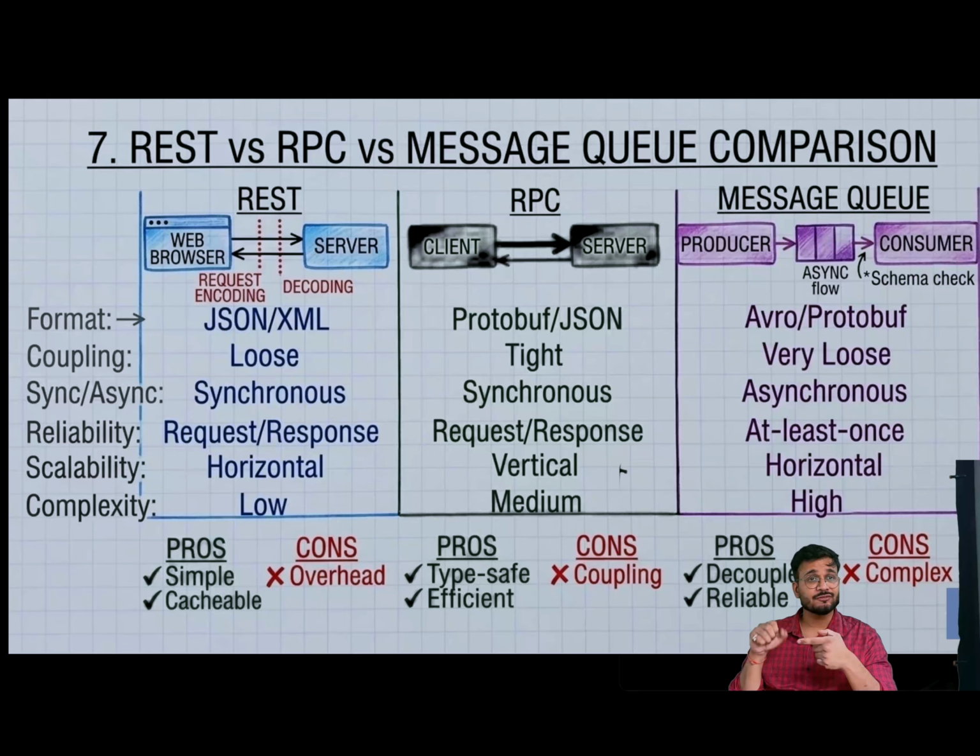For async workflows, event-driven architecture, and decoupling the services, always use message queues. For an interview, they might ask you to design a food delivery system. Which communication pattern do you use? We'll use REST for the public API, RPCs for backend microservices communication, and then message queues for order processing for reliability. We mix and match based upon the requirement.